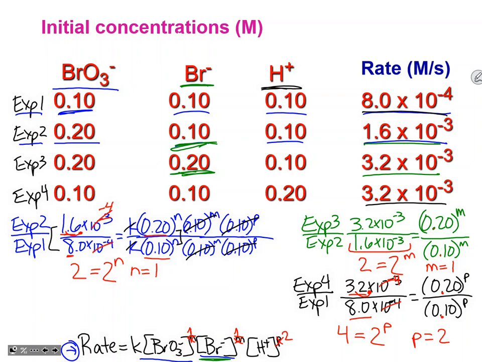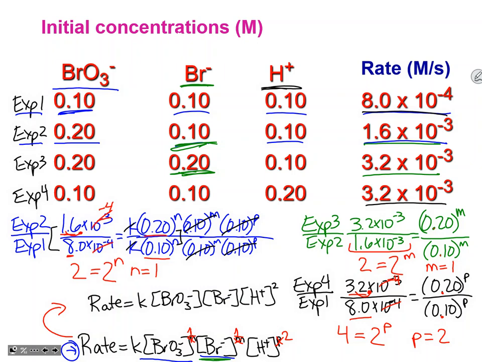Very good. So technically, if I rewrote this nicely, it would look like rate equals k times the concentration of the bromate times the concentration of the bromide. You don't have to put the 1s in because technically it's understood. And then hydrogen, you put the 2 over like that.